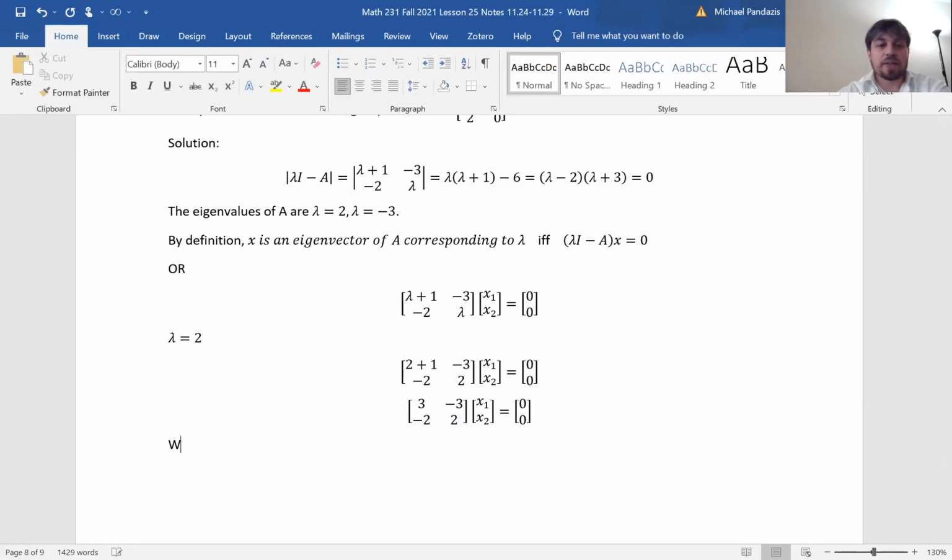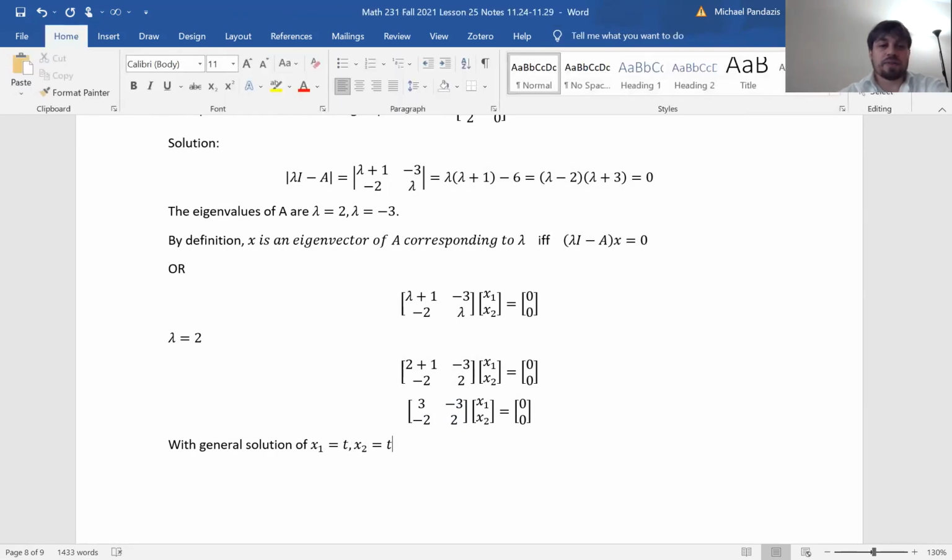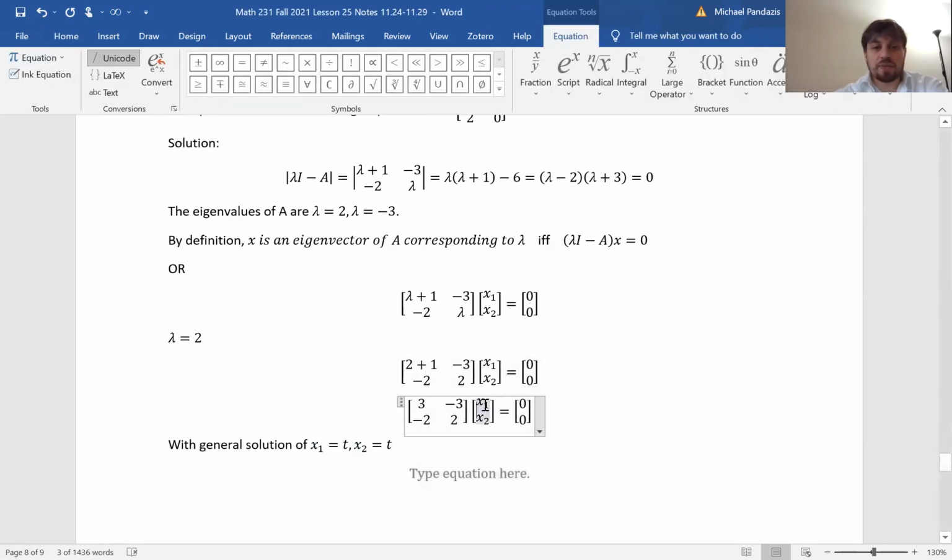It has general solution x1 equals t and x2 equals t. So the solution vectors x1, x2 are of the form t, t, which is equal to t times the vector 1, 1.